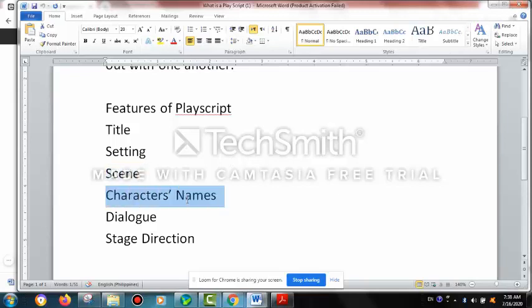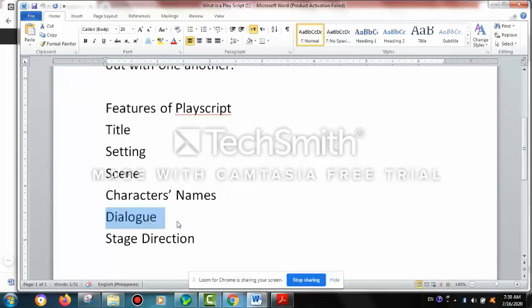The characters' names are the list of characters who are in the story. So if you have 5 characters, make sure to include all of them in order to have a very nice flow of your Playscript, so you will not be missing one character out from it. We have the dialogue. The dialogue talks about the conversation made between 2 speakers.